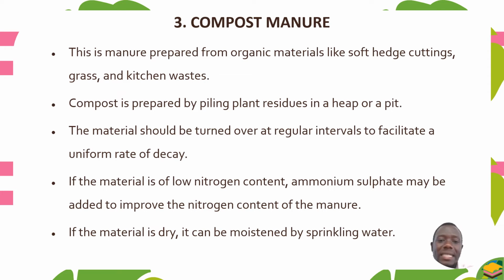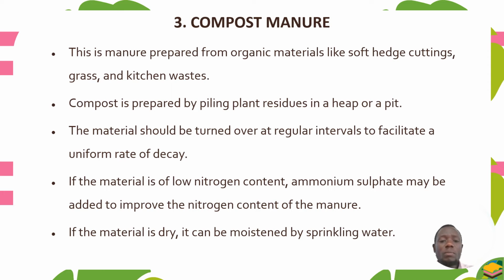Let's look at compost manure. This is manure prepared from organic materials like soft hedge, grass, and kitchen waste. Compost is prepared by piling the plant residues in a heap or a pit. So you can use a heap or you can dig a pit and pile these plant residues.